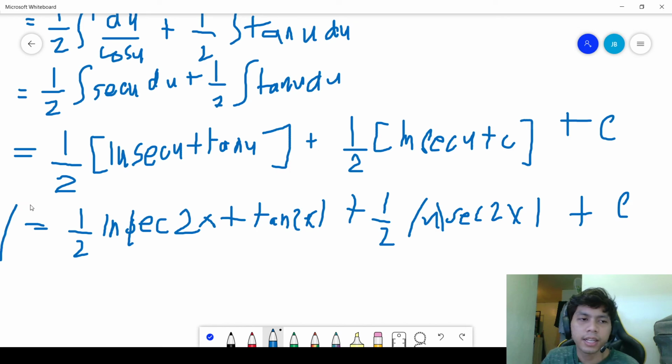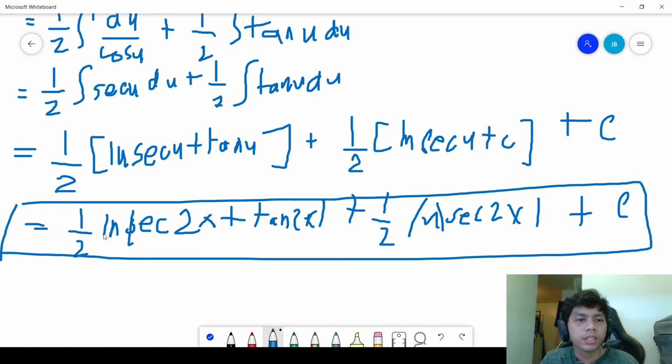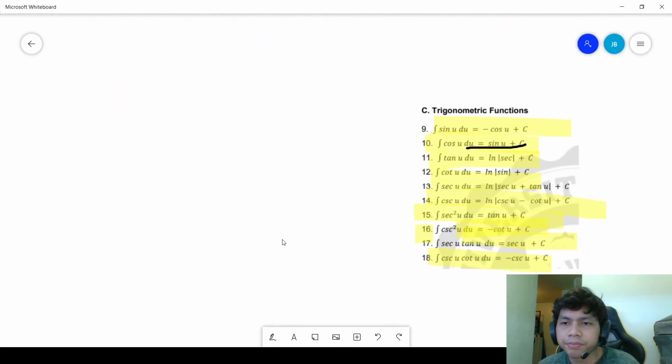Now this is your final answer. Actually, you can still factor 1/2 out, and then times ln sec 2x plus tan 2x plus sec 2x. So I think that's it.